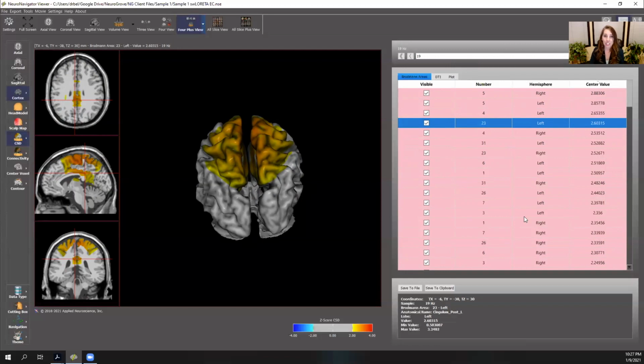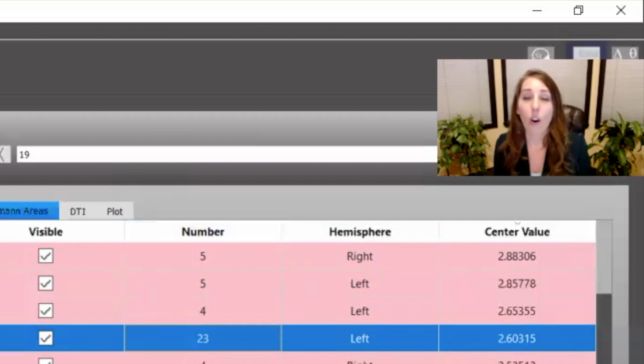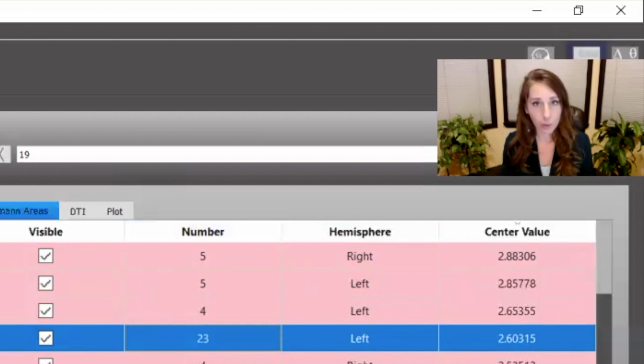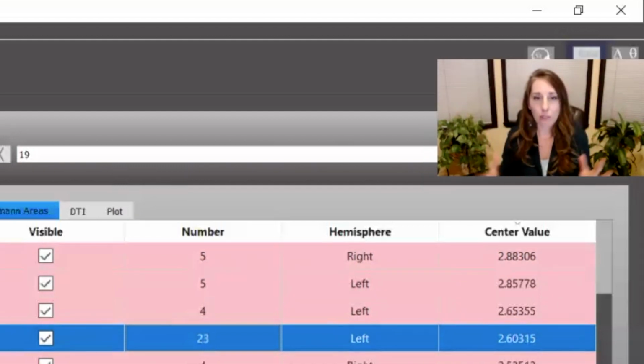That's why we need a brain-computer interface like neurofeedback, because obviously I would not be able to keep up with what your brain is doing in all of these brain regions, but the computer can. So what we do is we take all the brain regions that are outside the healthy range that are contributing to your symptoms, and we put them in the software.